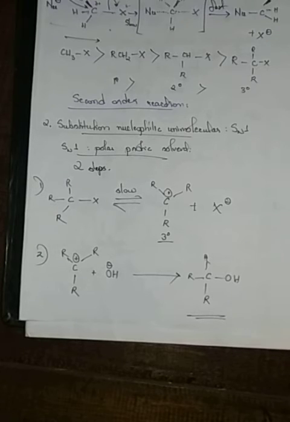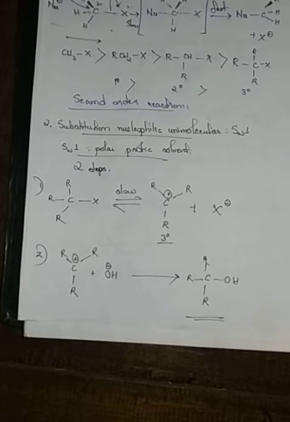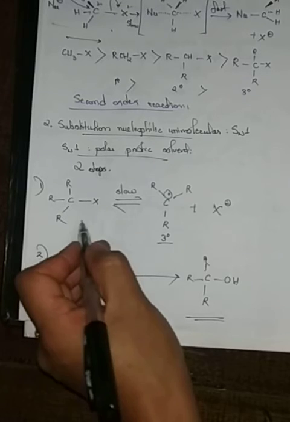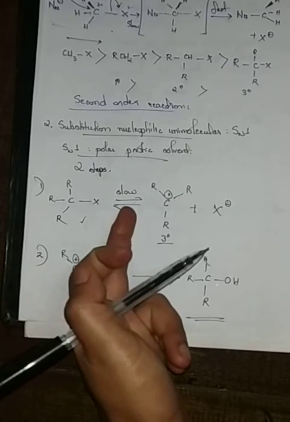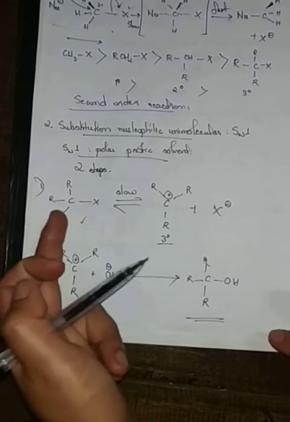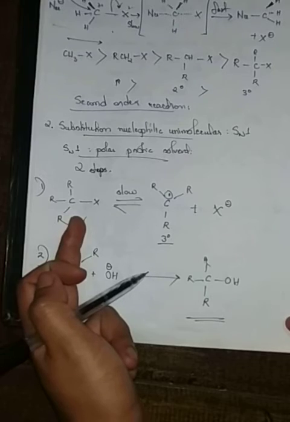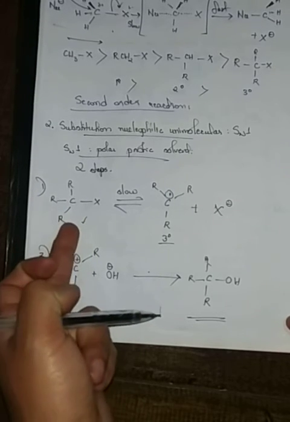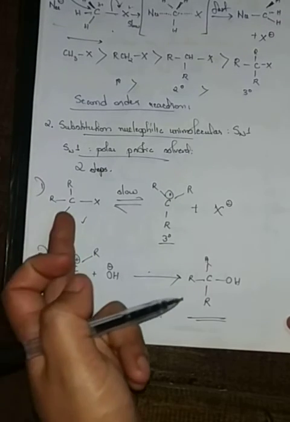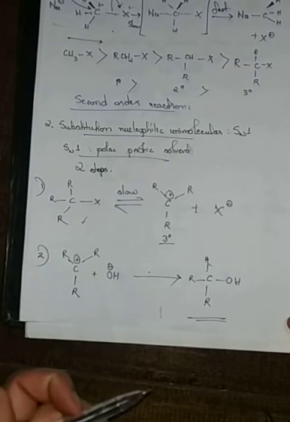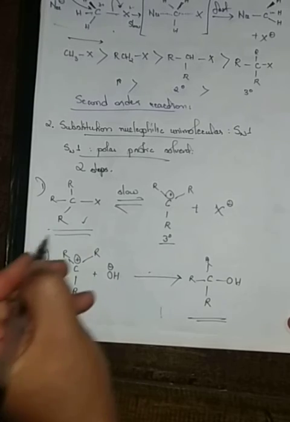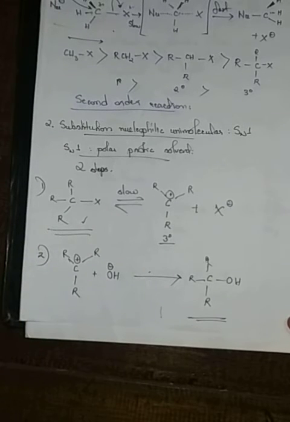That is, the rate of the reaction depends on the concentration of only one reactant, that is our tertiary haloalkane. Why? Because the rate of the reaction depends on the slowest step, and we know that in the slowest step we have only one concentration term, that is, we have only one reactant. Therefore, the reaction follows first order kinetics, and thus the rate of the reaction depends on the concentration of only our tertiary haloalkane.